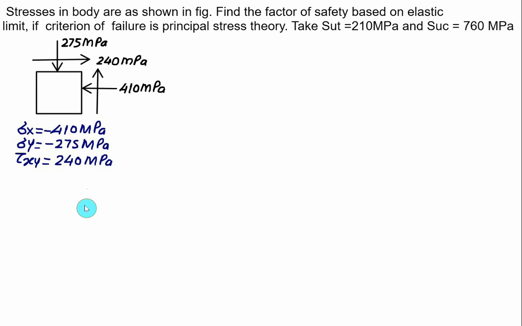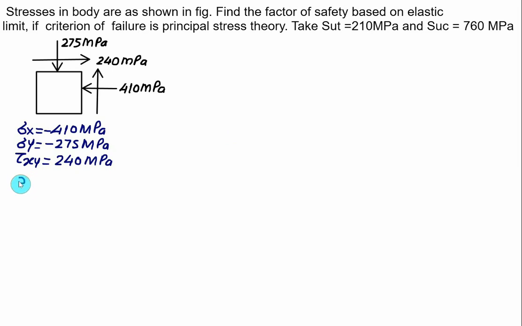So the state of stress is known to us, so we'll calculate the two principal stresses, and then we'll select which of the two is the absolute maximum. We'll assign that as sigma a, and the other value we'll assign as sigma b. Then we'll plot a stress envelope for the maximum principal stress theory. First of all, we'll calculate the value of sigma average.